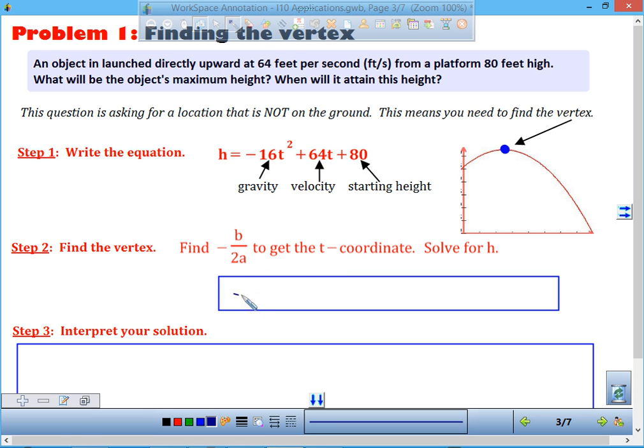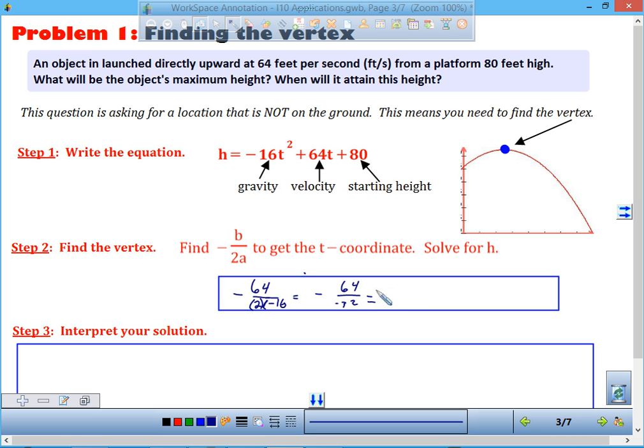So negative b over 2a is going to give us negative 64 over 2 times negative 16. That's going to give us negative 64 over negative 32.